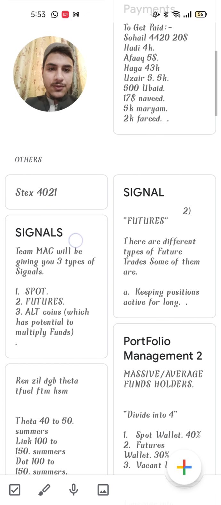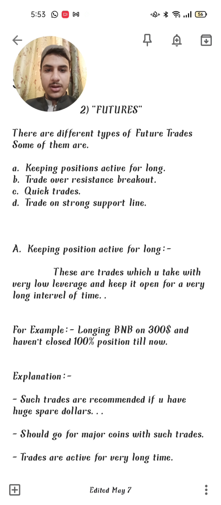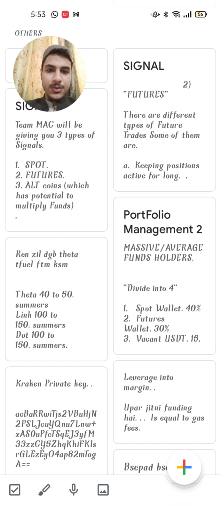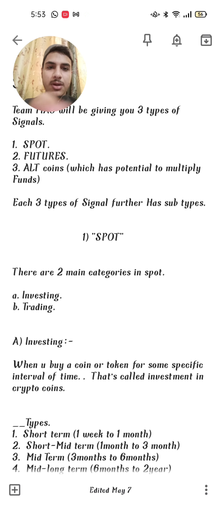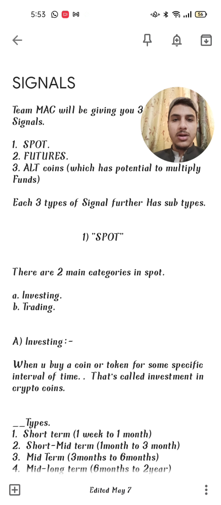Before I start with the video, let me recall the previous video. In the previous video, we talked about three different types of signals. I discussed that you'll get three different types of signals by TMAC. Number one is spot, number two is futures, and number three is altcoins.